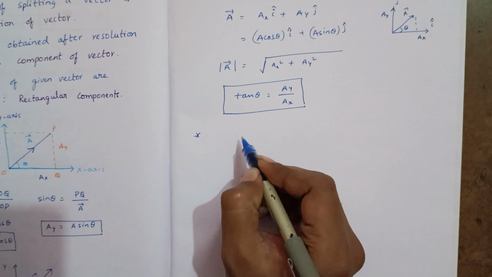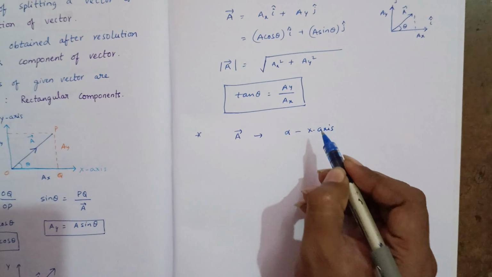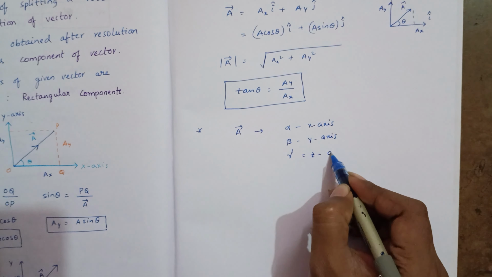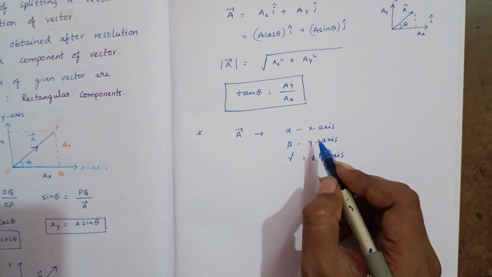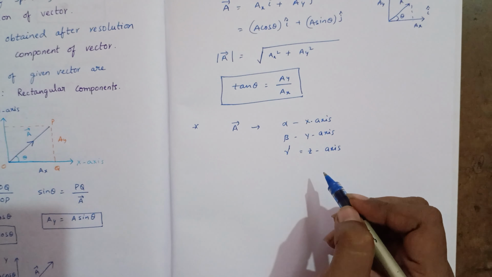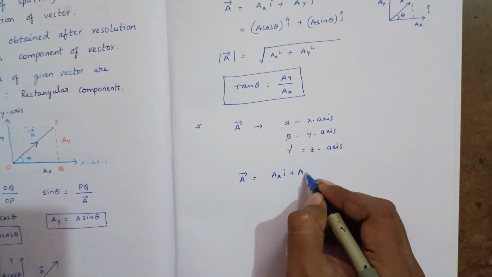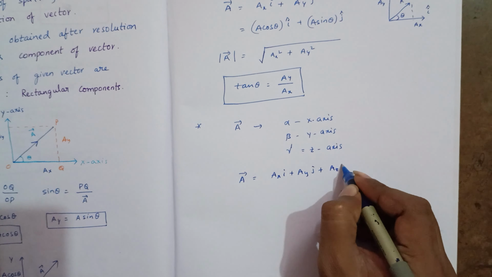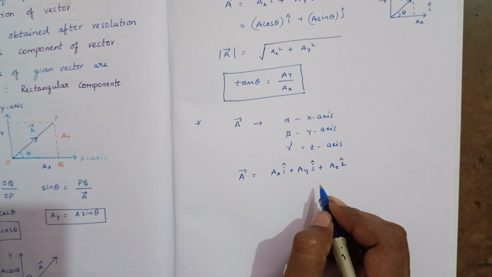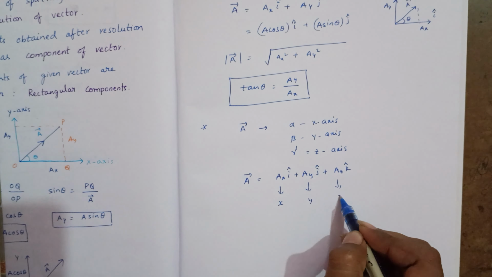Now if a vector A bar makes an angle alpha with the x-axis, beta with the y-axis, gamma with the z-axis, then we can write vector A bar equal to AX I, AY J, AZ K. Now here AX, AY, AZ are the components along the x-axis, y-axis, z-axis.